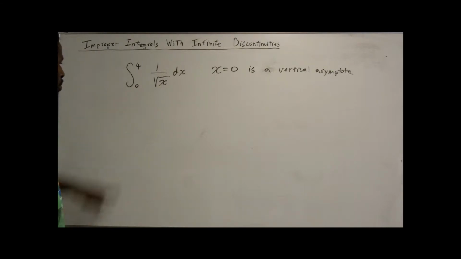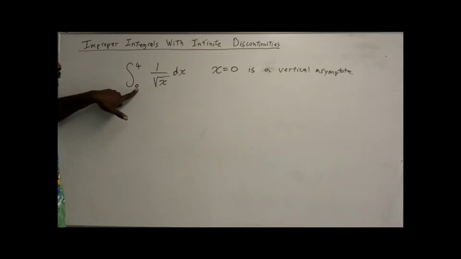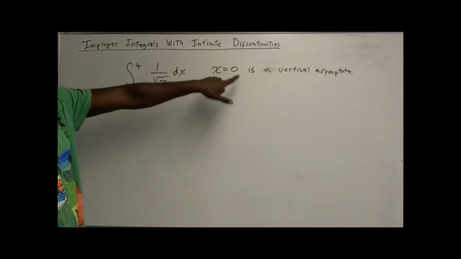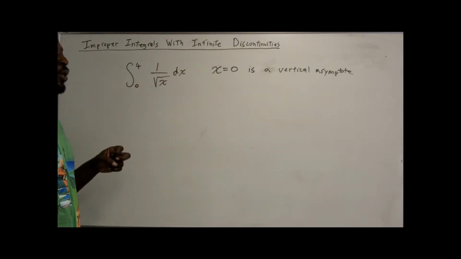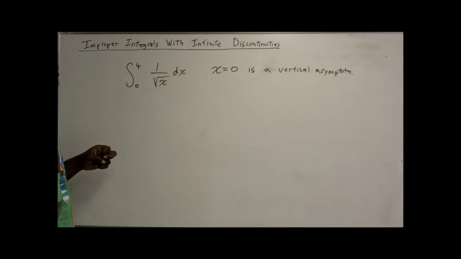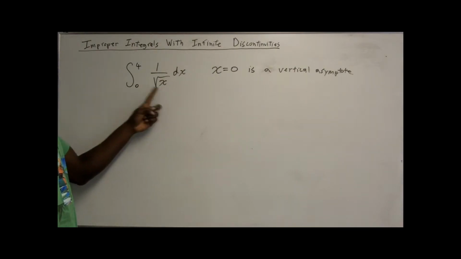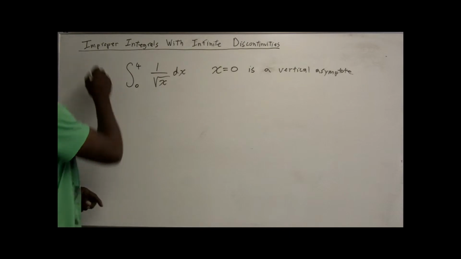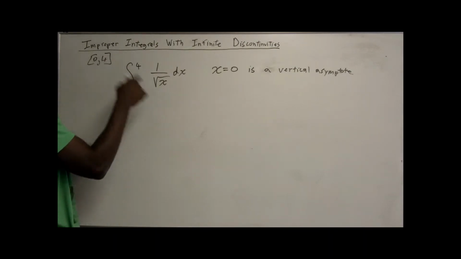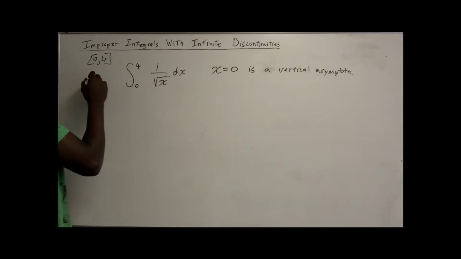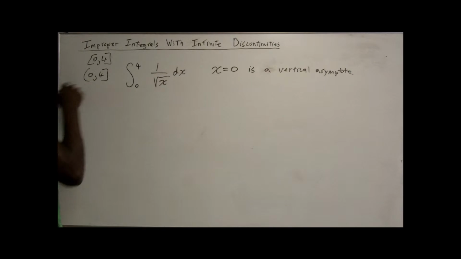Because this integral has a lower limit that is that vertical asymptote, we have something that is not a proper integral. For this to be a proper integral, this function would have to be continuous on the entire interval from 0 to 4, but it's only continuous on the interval from 0 to 4 excluding 0.